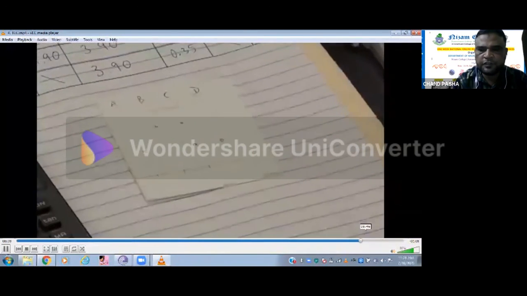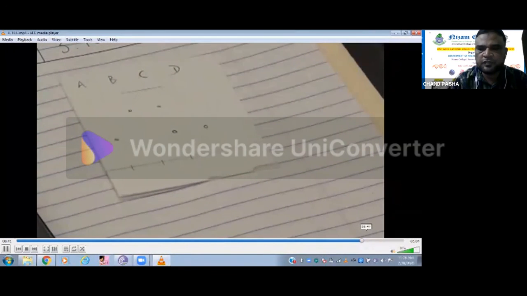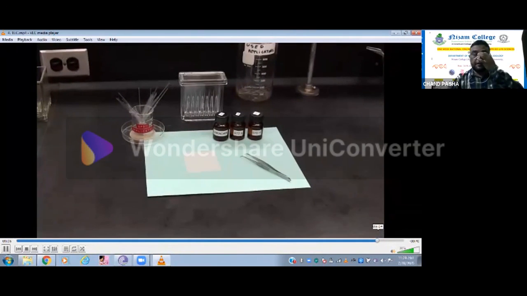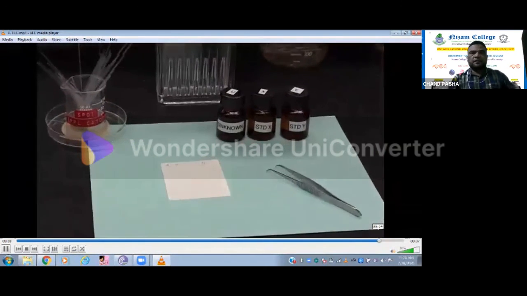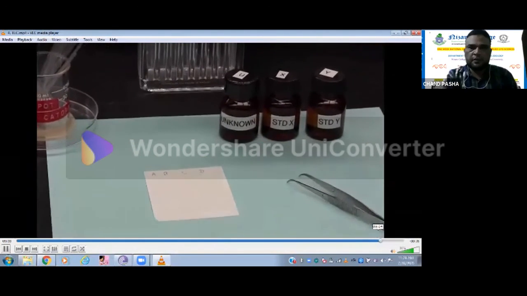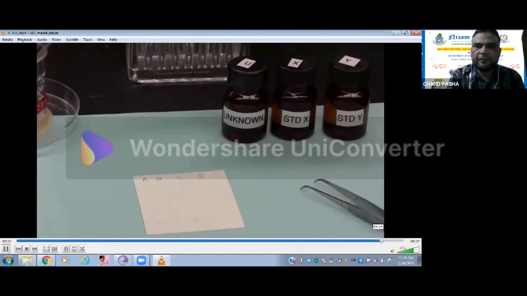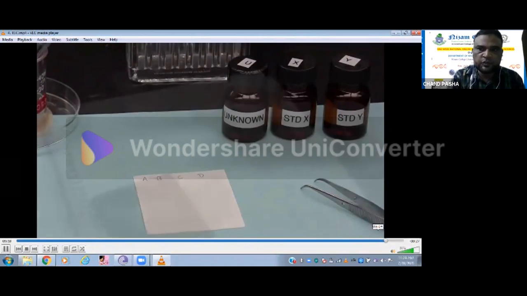And record your observations and keep the spots photographed with you, because these TLC plates, as we are applying alumina or silica gel, cannot be retained for a very long period. Paper chromatography can still be retained, but this cannot be retained for long because it gets dissociated.